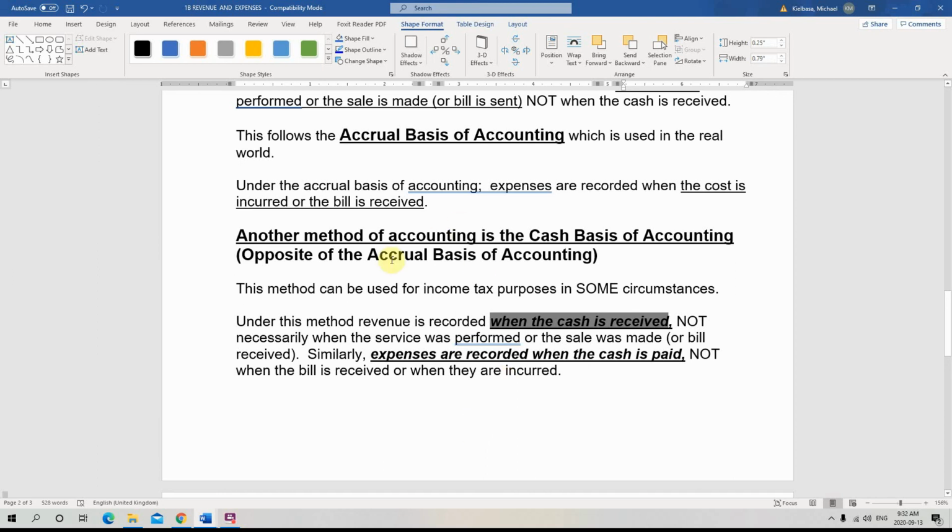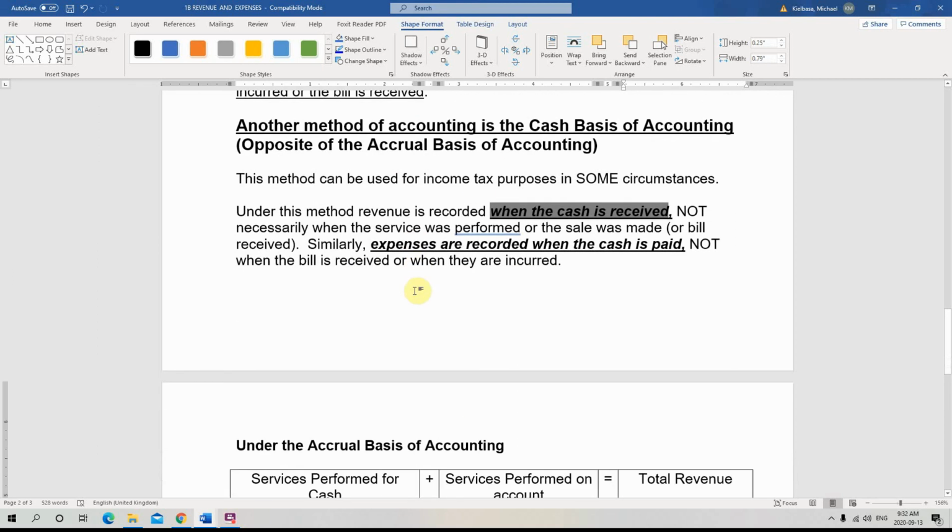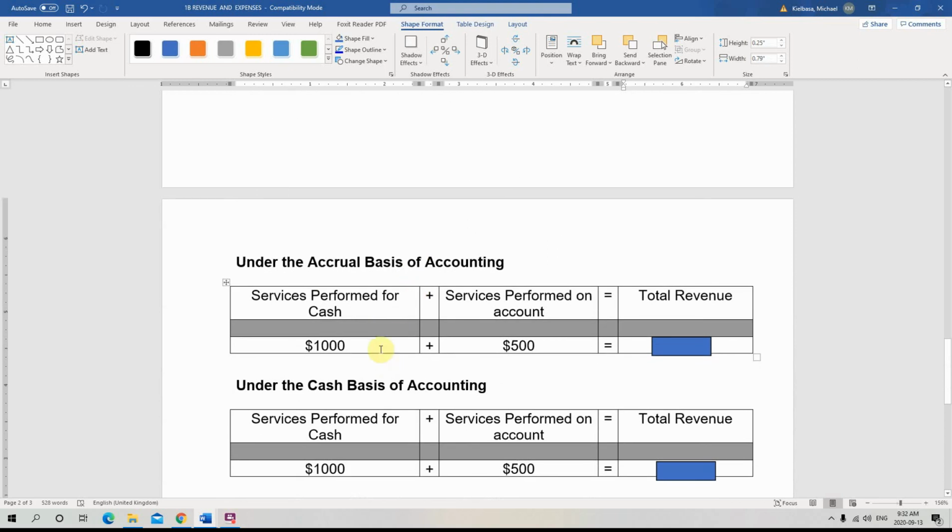Now, this is going to make a little bit more sense as we get through the next example. All right. So remember, under the accrual basis of accounting, revenue is recorded when the service is performed, not necessarily when the cash is received.